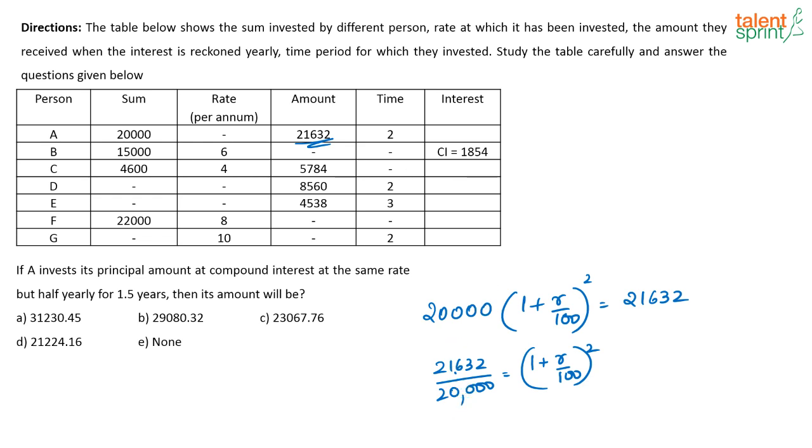Take a smaller number and try to find out what the answer would be. It will be easier to do it that way. Or if I do 21 by 20, what will I get? I will get 1.0 some value, right? So 21.6 divided by 20, if we do, what will we get?